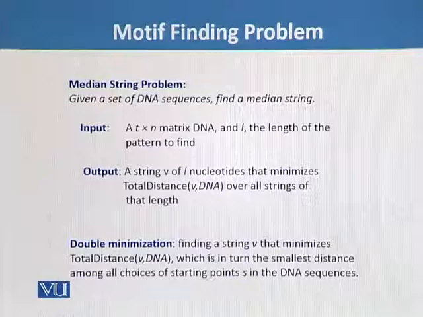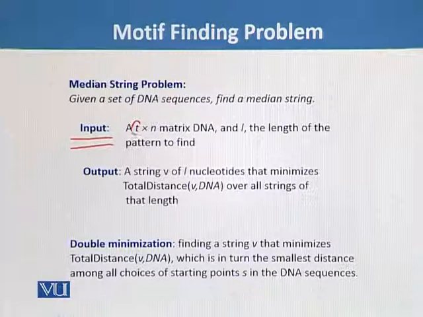So here we can also design an algorithm to find out the median string within the DNA sequence. For this purpose we have to input T and N. T is the number of DNA sequences, and N is the size of the motif within the DNA sequence, and L is the length of the pattern to find.